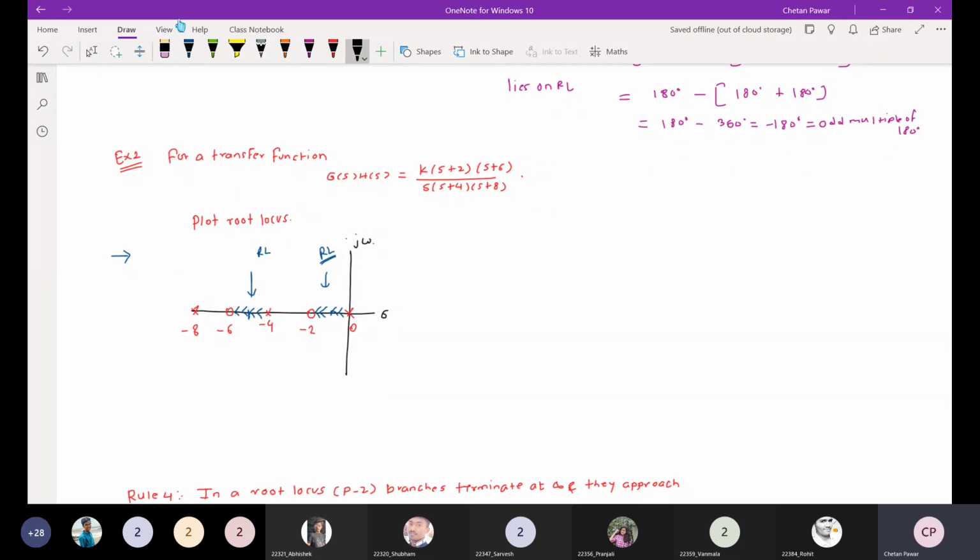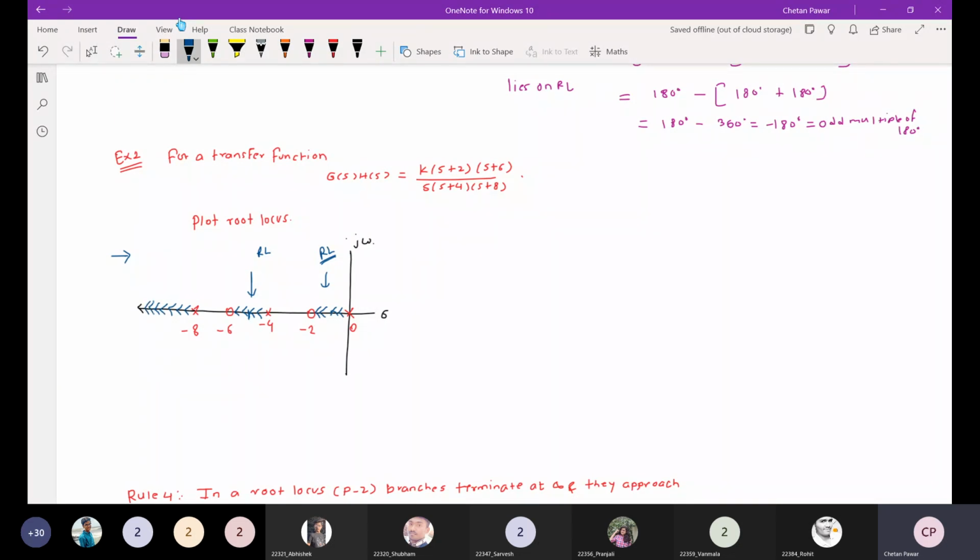And if you see this, for the pole at -8 there exists a zero at infinity, because there are 3 poles and only 2 zeros. So this root locus branch will start from -8 and end at infinity.